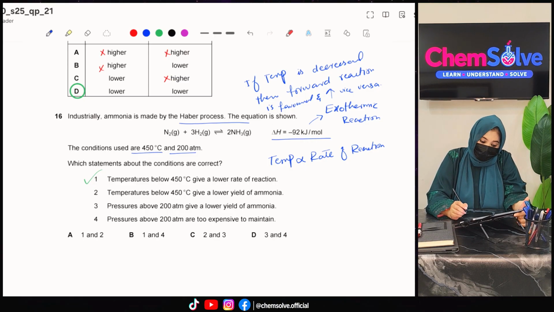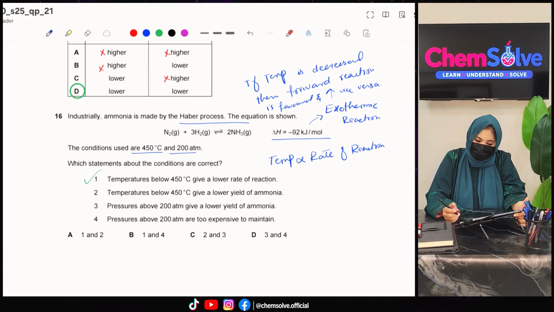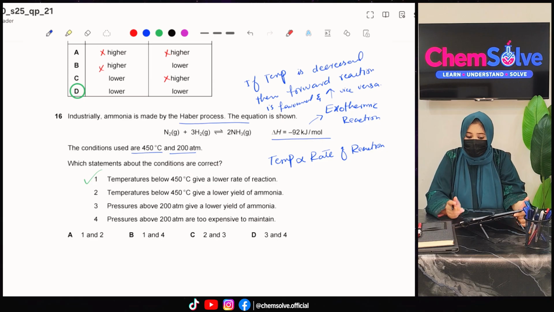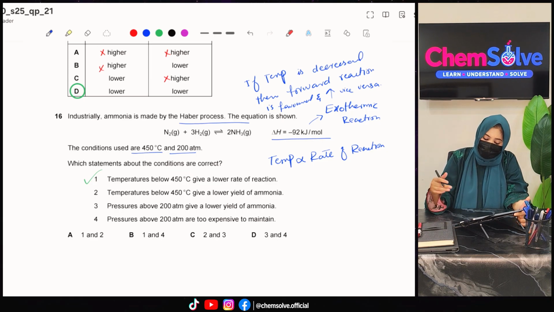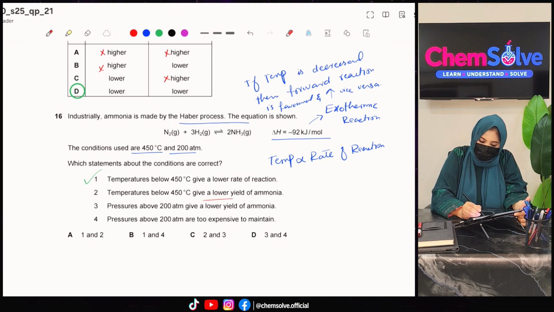So this is correct. Temperature below 450 gives a lower yield of ammonia. No, I just told you if the temperature would be less, then the forward reaction would be favored. Then it means there will be a higher yield of ammonia. So this statement is not correct.